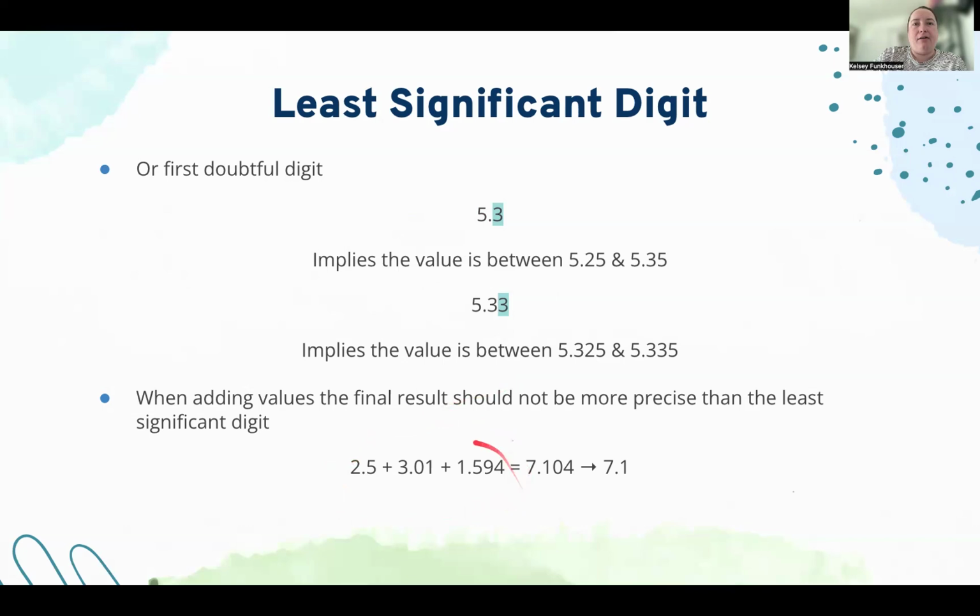So for example, if we add all 3 of these, 2.5 plus 3.01 plus 1.594, we get 7.104. But our least precise digit is this 0.5 here. So we need to round so that it matches with the 7. So 7.1 instead of 7.104.